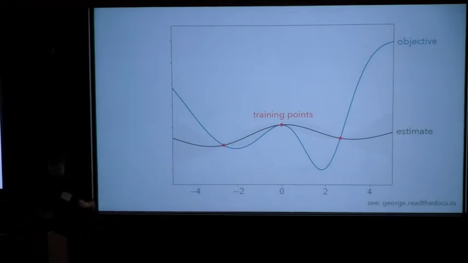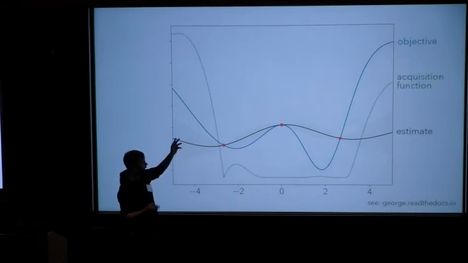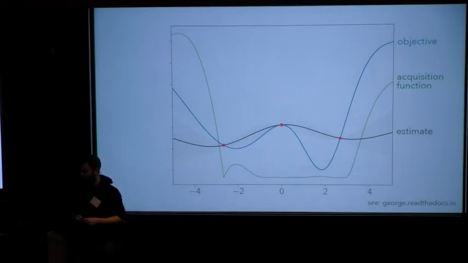But you look at this, you use this estimate to work out what is your gain in information for evaluating a new point somewhere along this line. And that gain in information would be quantified by this green line right here. And you would choose to evaluate your model again somewhere where that's high.